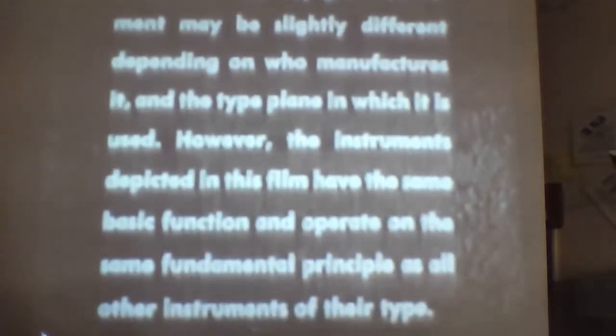However, the instruments depicted in this film have the same basic function and operate on the same fundamental principle as all other instruments of their type.